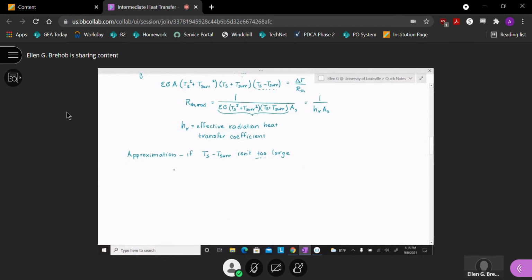But the approximation is that we're going to define this average of the surface plus surroundings.